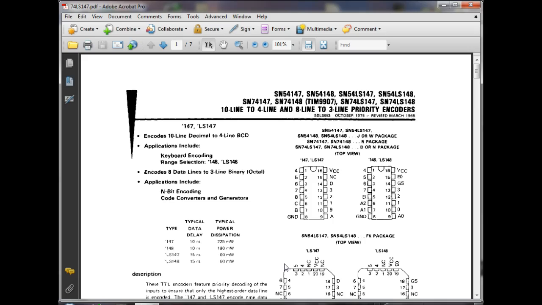You understand that? And then we're combining this with a 7447, which is a BCD or binary to 7 segment decoder. This would definitely be another code, right? Understand?